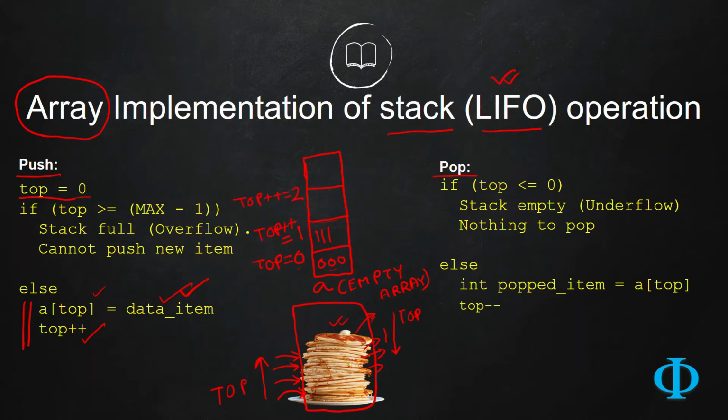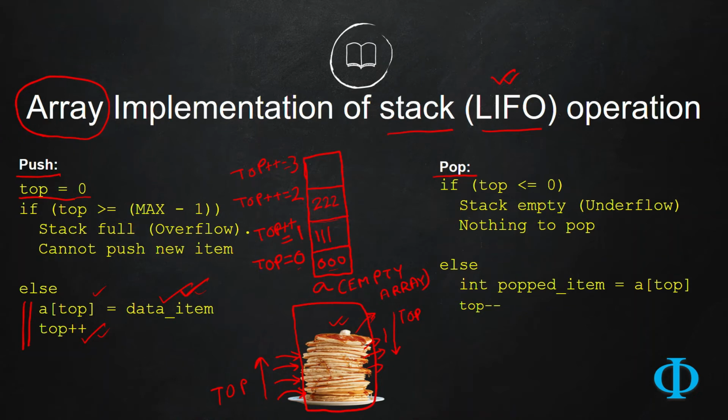Now if I want to insert another item, let's say 222, so it will become 222, and you increment the top once again, so top will become 3 now.